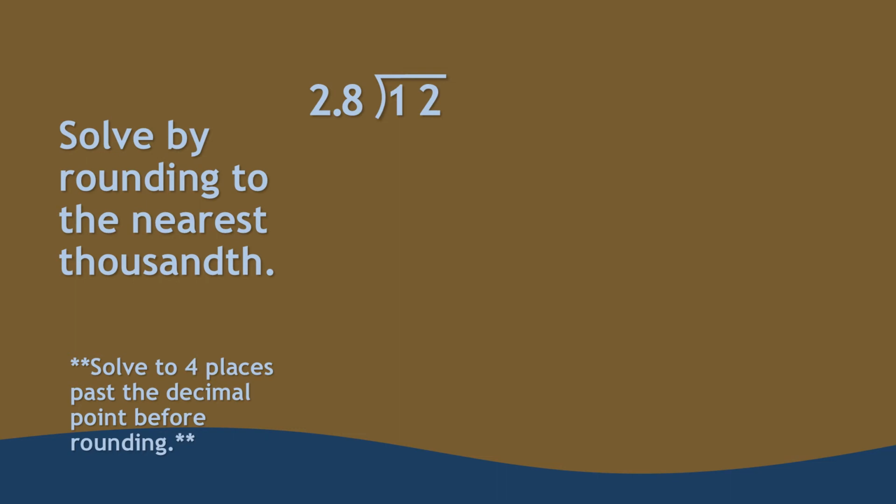My little clue for you is you're going to solve to 4 places past the decimal point before rounding, because that is 1 place further than the thousandths place. So that's how you're going to round. I want you to go ahead and try this. We've done these already this week, so this should be a little bit of a review for you. You're going to give me an estimated answer by rounding to the nearest thousandth.